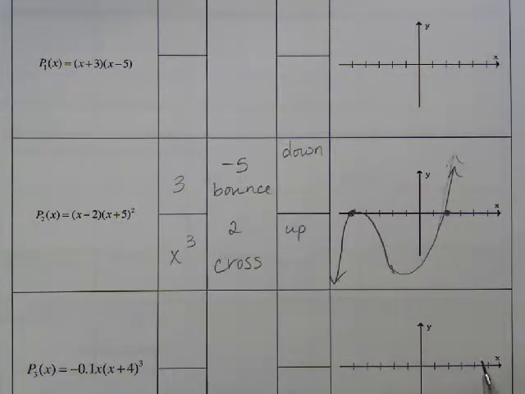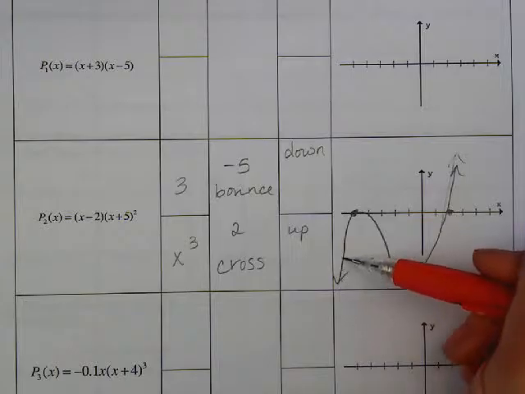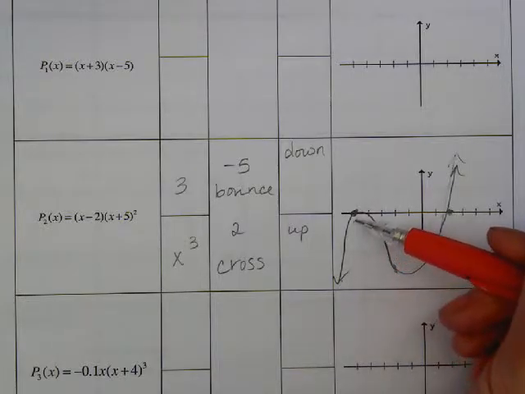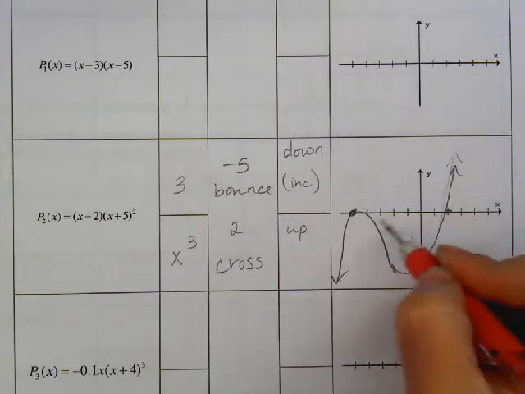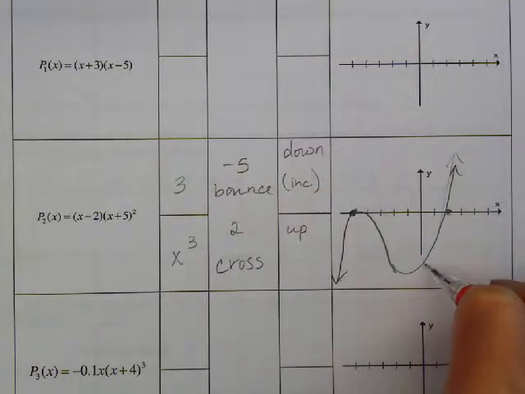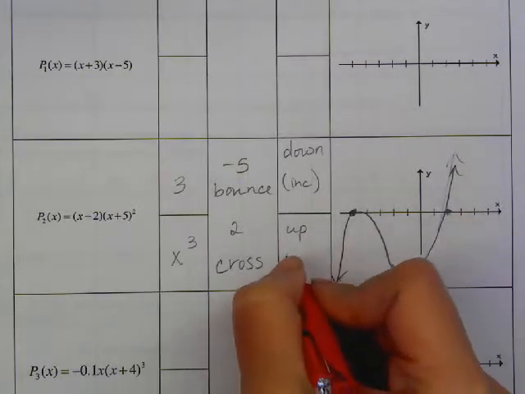Other people, it makes more sense for them to think about what is happening to the y values. If I go from left to right, what is happening to my y values here? They are increasing. And then they're decreasing here, and then my end direction, they are increasing again.